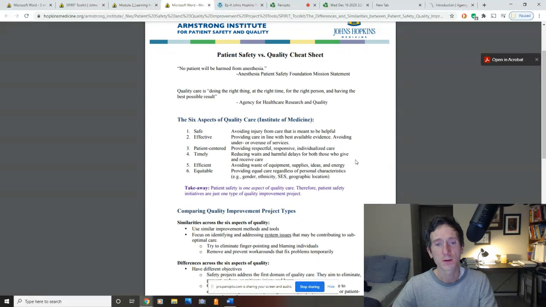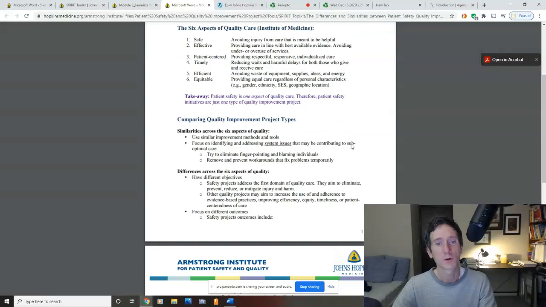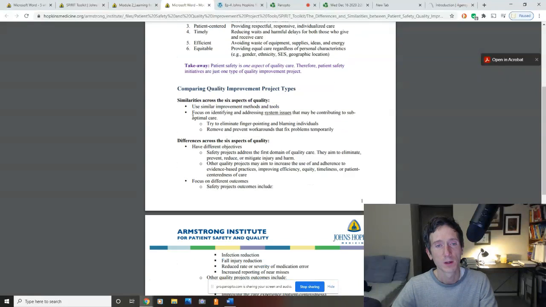So there's a great many items in this document that are really good, but I really want to draw your attention to this point here. Some of the similarities of all these 6 basic aspects from that IOM study: try to eliminate finger pointing and blaming individuals. Absolutely. This is very critical in how we approach any type of conflict or problem in the unit or in our life, honestly.